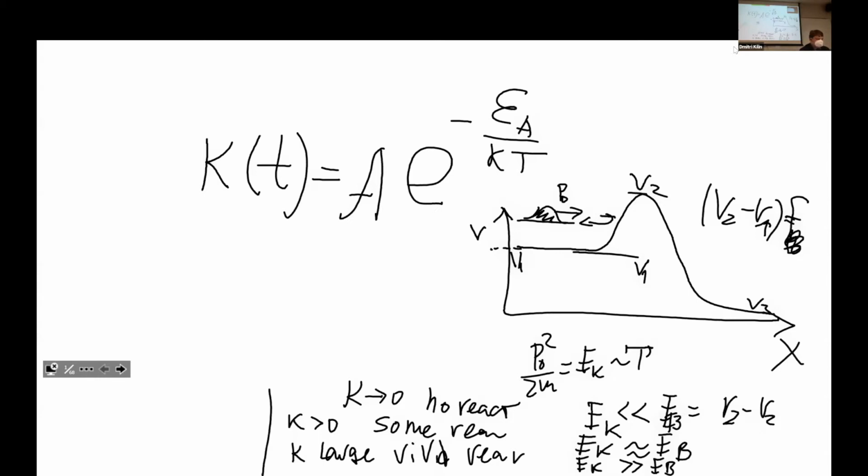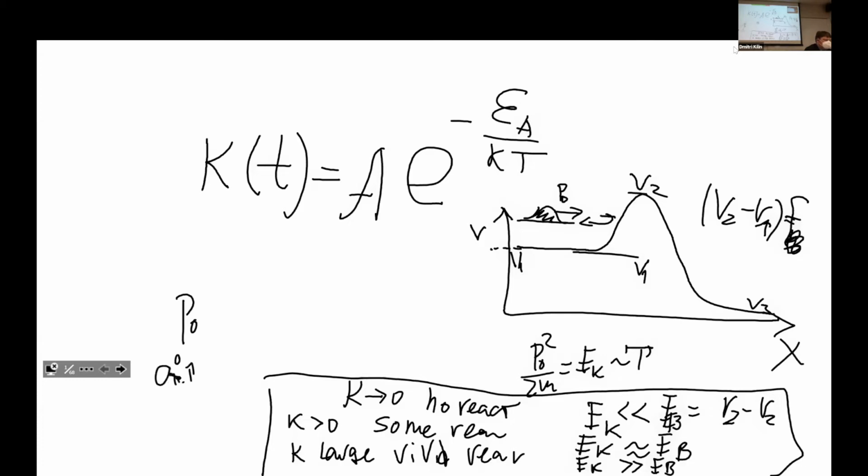But this little verbal explanation is too qualitative. You can make it better and be quantitative. So the rate of reaction can be computed, right? You can rerun, make a set of different values of P naught, like a table of P naught starting from 0.1. Depending on the mass, the values are different.